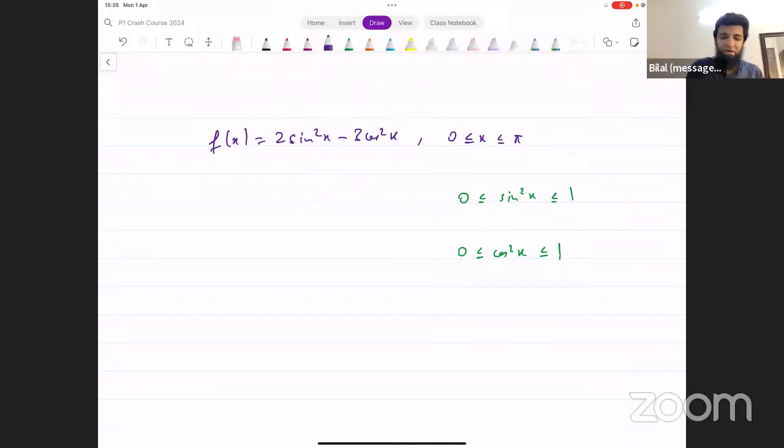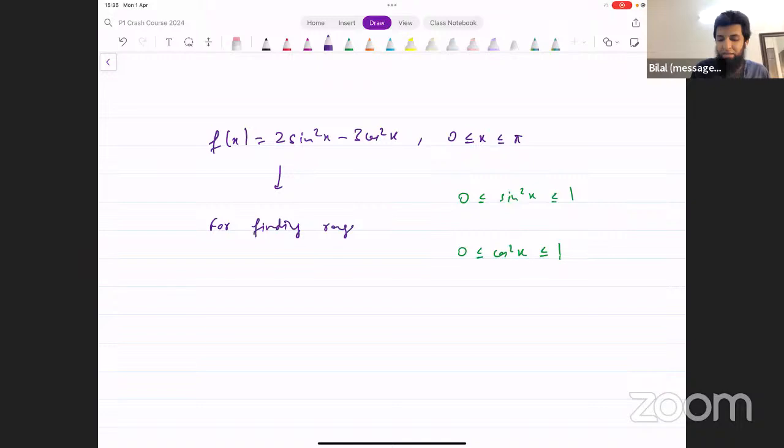So whenever we have to find the range of such functions, we always have to convert this function to a single function. You either convert it to sine square or cos square. Let me write that down here.